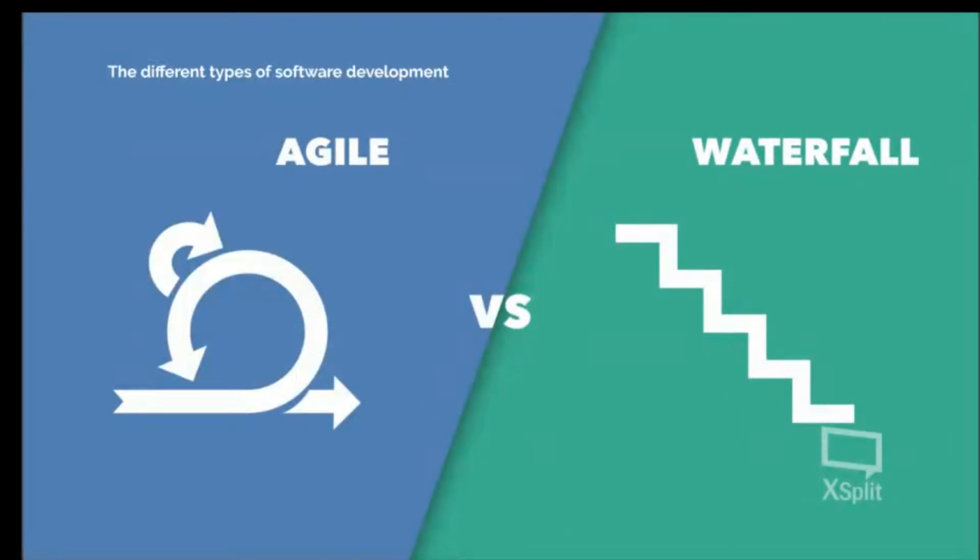Now, there are two ways to do software development or to develop products. There's agile and waterfall. Agile is basically the software development method where you get chunks of the product developed every short period of time. These chunks are then reviewed by the shareholders or the clients. They can see what's working, what's not, and they can give feedback to the developers so they can redo the development or they can add it to the development loop.